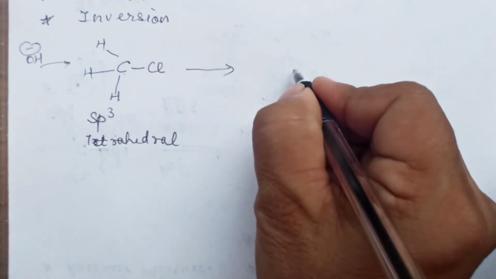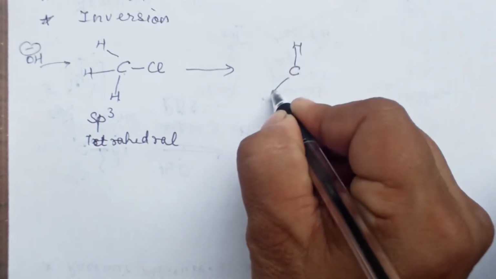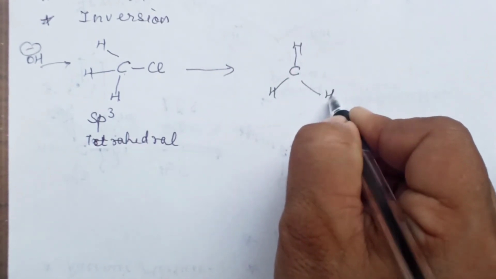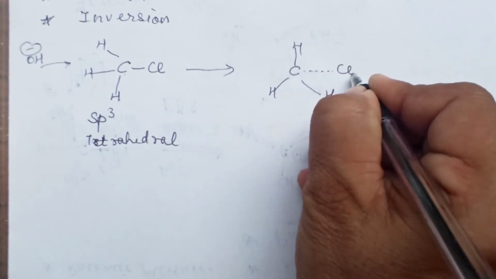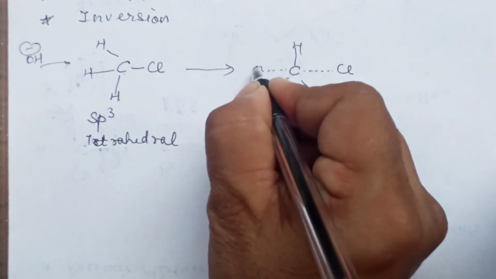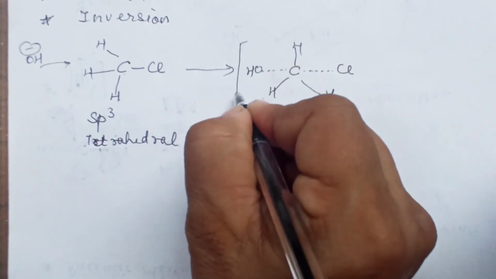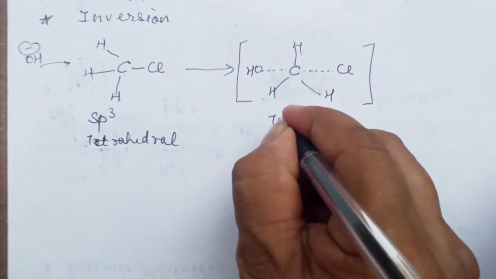So you have a structure something like this: carbon, hydrogen, these 3 hydrogen atoms straighten up, the carbon-chlorine bond starts breaking and the carbon-OH bond starts forming. So you will have this as a transition state.